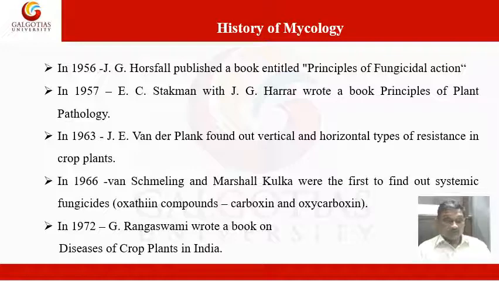And in 1966, Von Schelling and Marshall Kulka were the first to find the systemic fungicides, that is oxathiin compounds, carboxin and oxycarboxin, which are used to cure plant diseases, especially those from fungal pathogens. In 1972, G. Rangaswami wrote a very important book on diseases of crop plants in India.